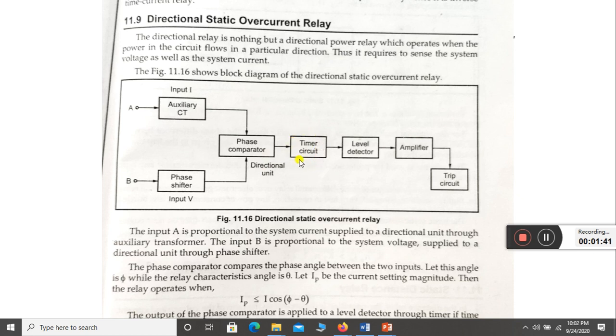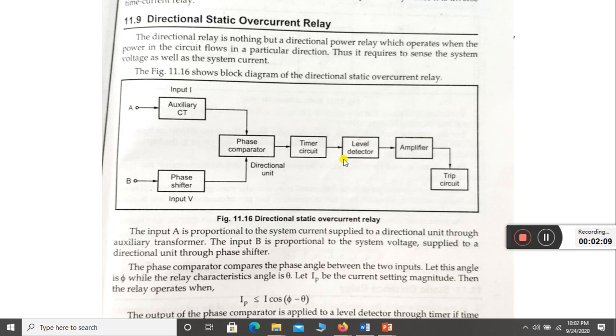How much time delay is allowed before the protection system works can be set through this block. That's why it is called the timer circuit. Next is the level detector. It will detect the level. Level means the predefined value we have set versus the actual current value.